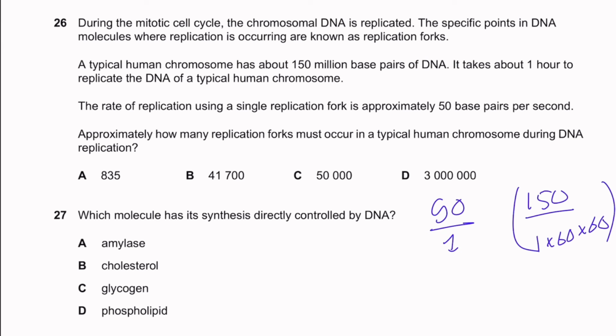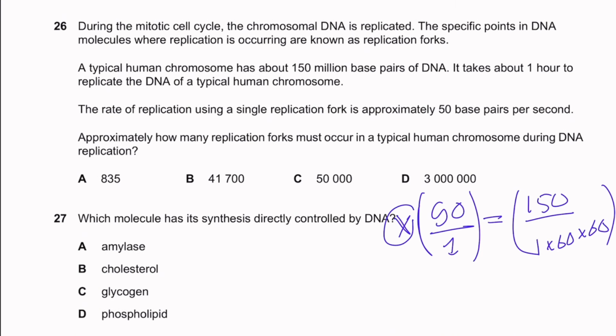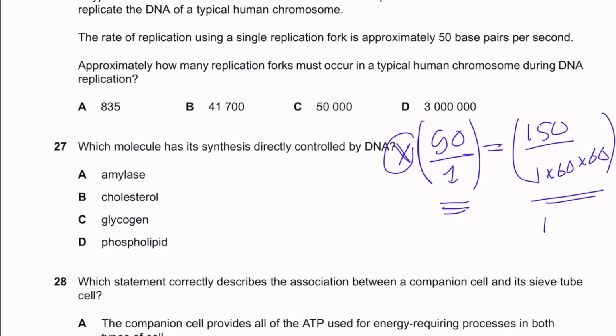Now this rate is supposed to be the rate of formation of the replication forks in DNA. We want to know how many replication forks are formed, so if we multiply the rate of formation of one replication fork by x, we figure out how many replication forks are formed. So x is the number of replication forks. If we get the number on the other side, 150 divided by 60 times 60, you will get 1 over 24 equals 50x.